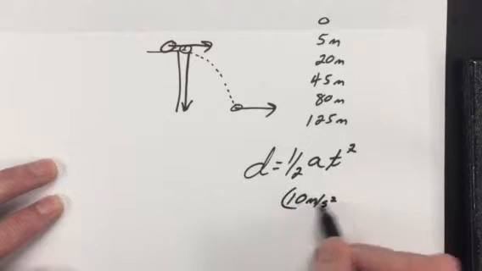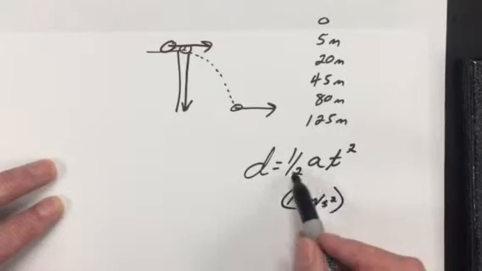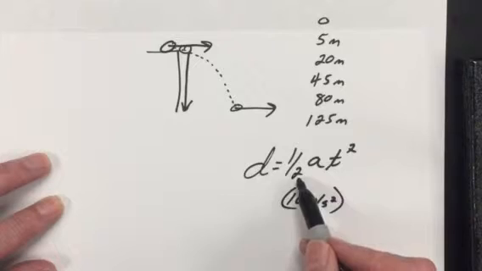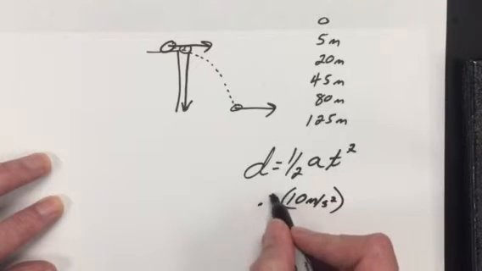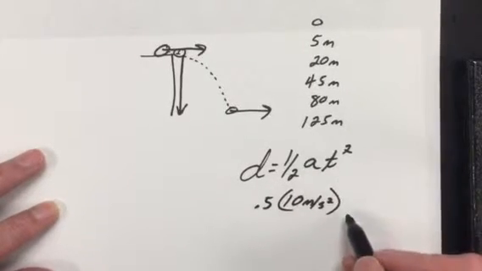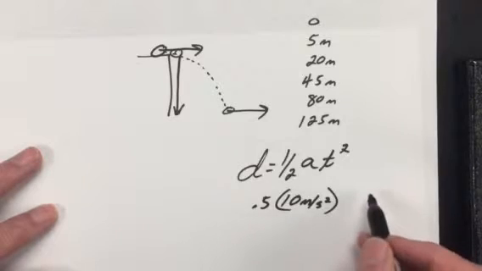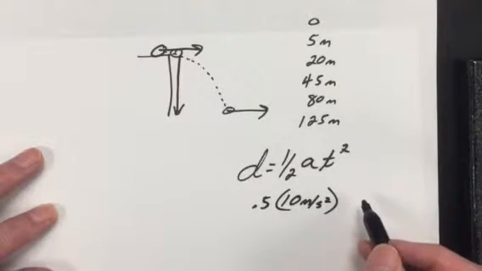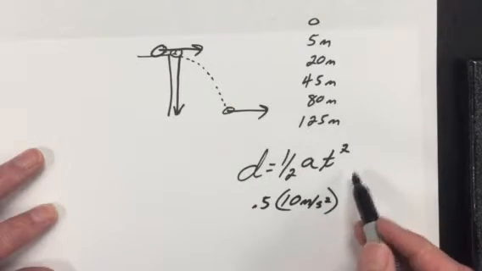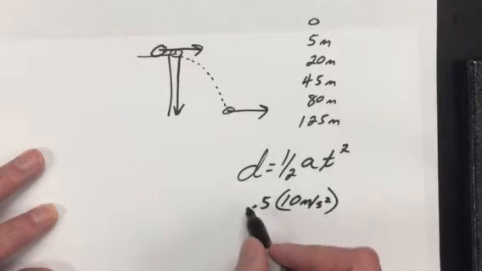And if you want to make your life a little easier, instead of using 1/2, you can use 0.5. And then for the time, whatever the time is, if it's 1 second, 2 seconds, 3 seconds, you just square it and then multiply all that together, and that'll give you the distance.